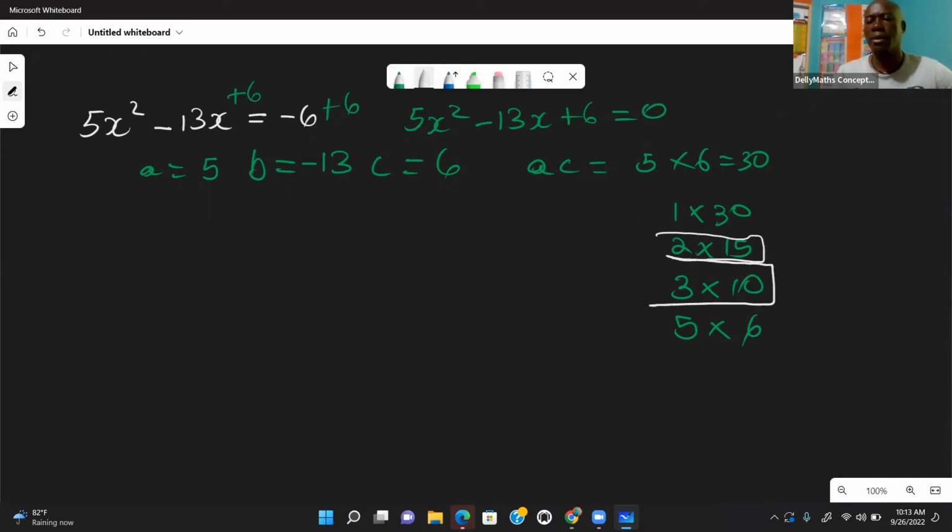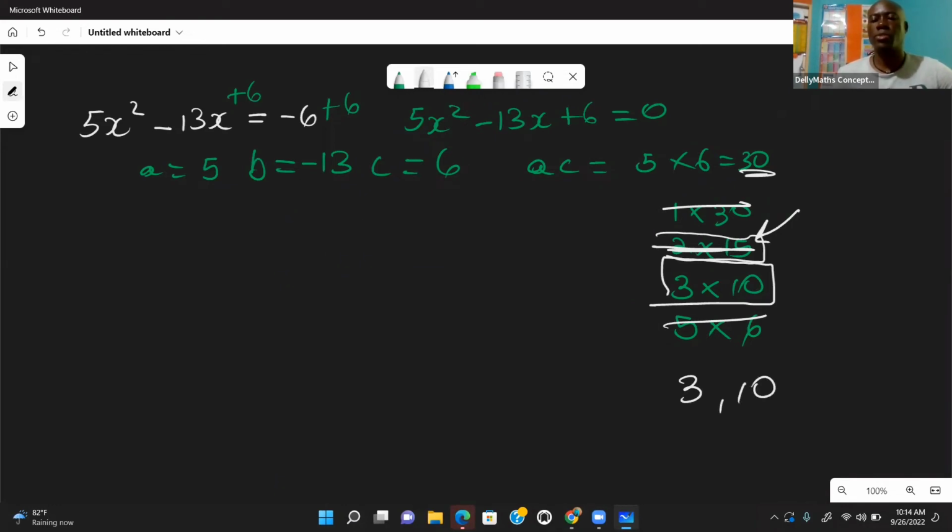Definitely we are. But based on the context of AC, if AC is positive, it's either we're going to have 2 positives or 2 negatives. Now, if we have 2 positives here, we'll end up with a 7. If we have 2 negatives, we'll still end up with a 7. So this cannot work, neither that nor that. So it has to be 3 and 10.